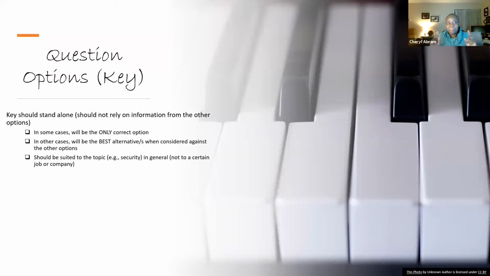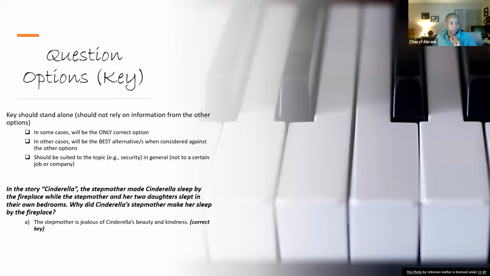So the best way, oh, hold on, let me get to that next. Okay, here we go. In the story Cinderella, the stepmother made Cinderella sleep by the fireplace while the stepmother and her 2 daughters slept in their own bedrooms. Why did Cinderella's stepmother make her sleep by the fireplace? The stepmother is jealous of Cinderella's beauty and kindness. That's the key.